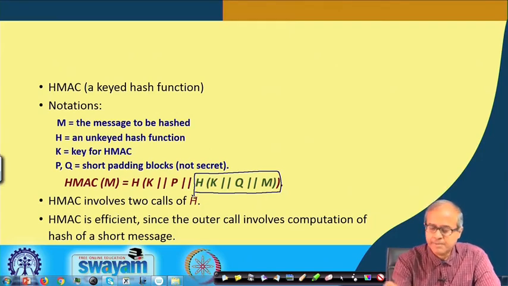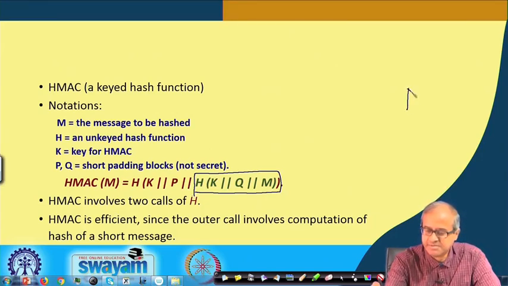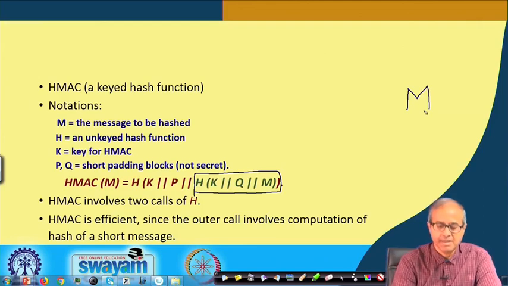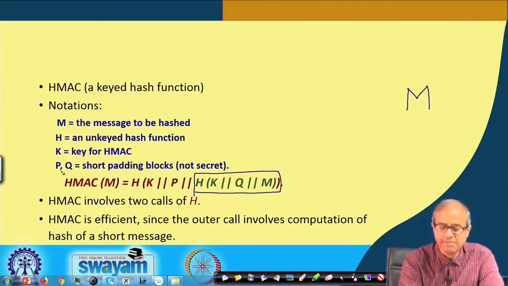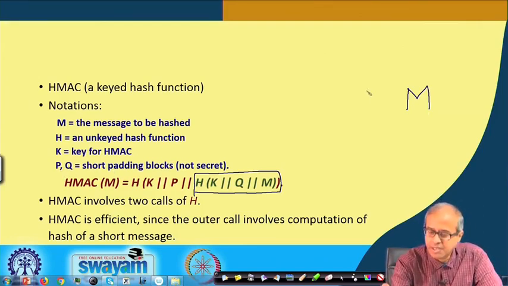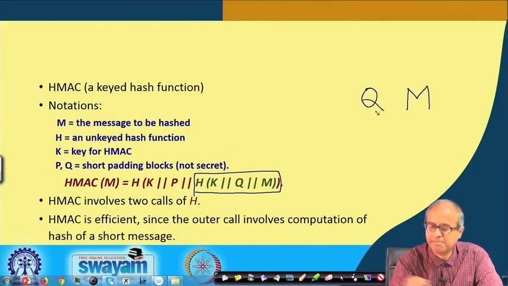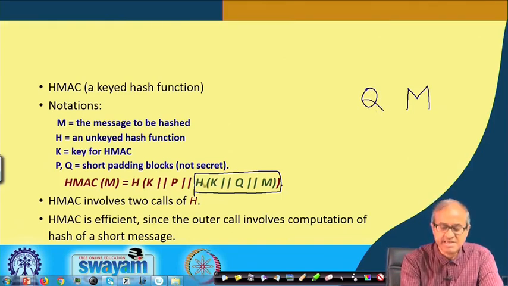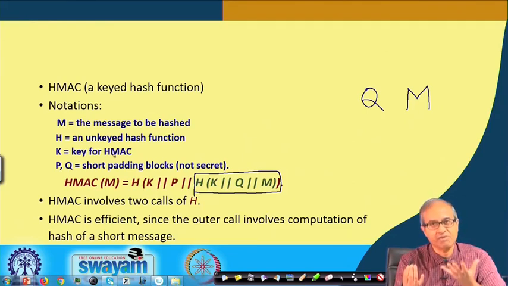where you have the message M, you have a short padding block Q, you add Q to this M, and there is a secret key K. Just like encryption and decryption, you have a secret key also, but you are not doing an encryption.